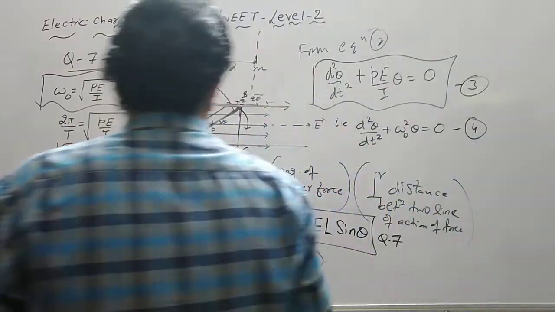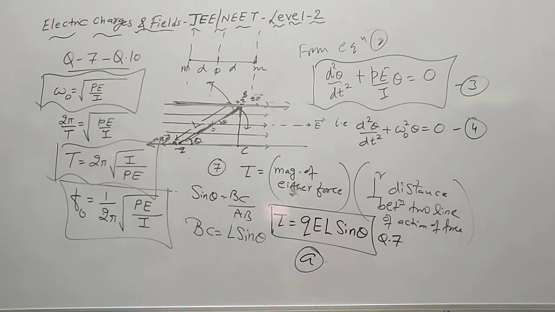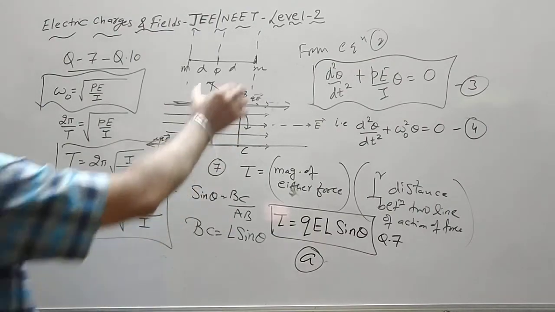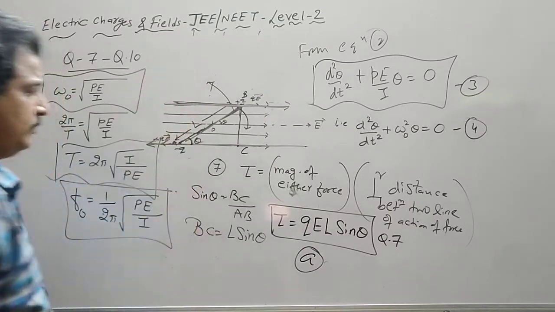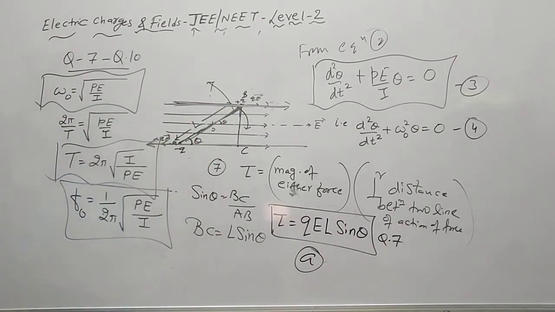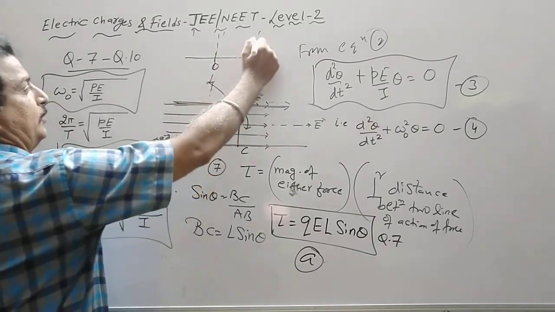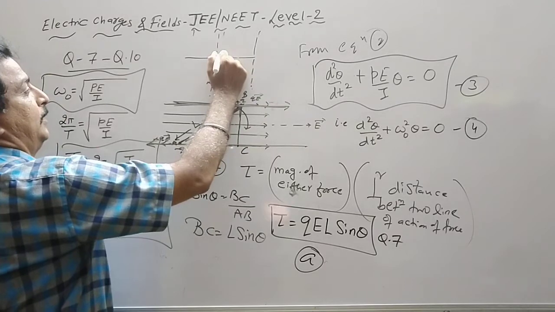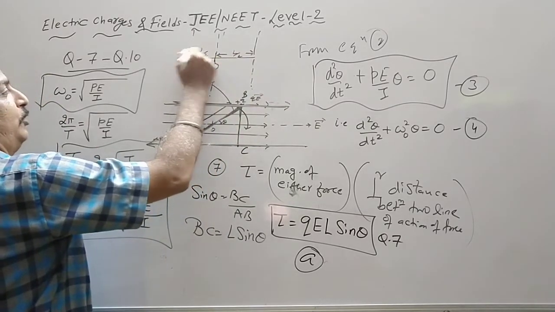So I explained earlier, if this is a d distance, and this is a d distance, the moment of inertia is md square plus md square. But here the rod is of length L. So the moment of inertia can be found. This is the axis of rotation, this is a perpendicular axis. So it becomes L by 2, this becomes L by 2.